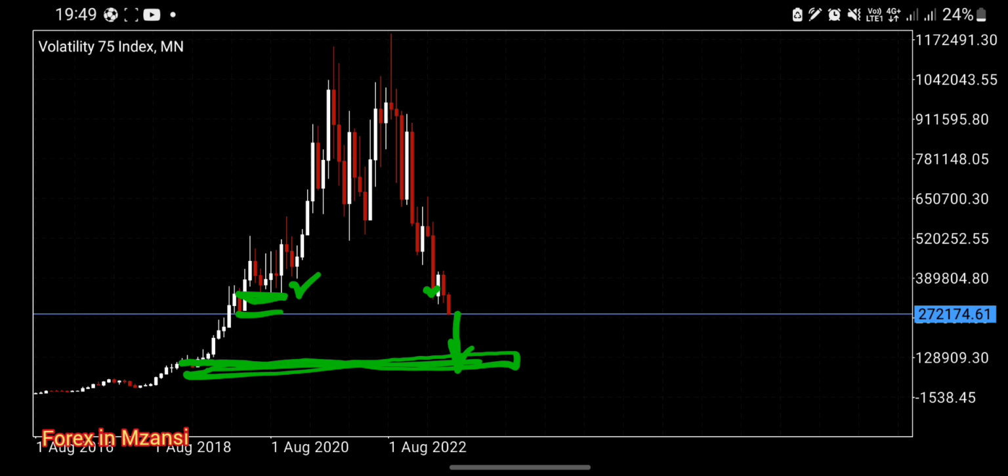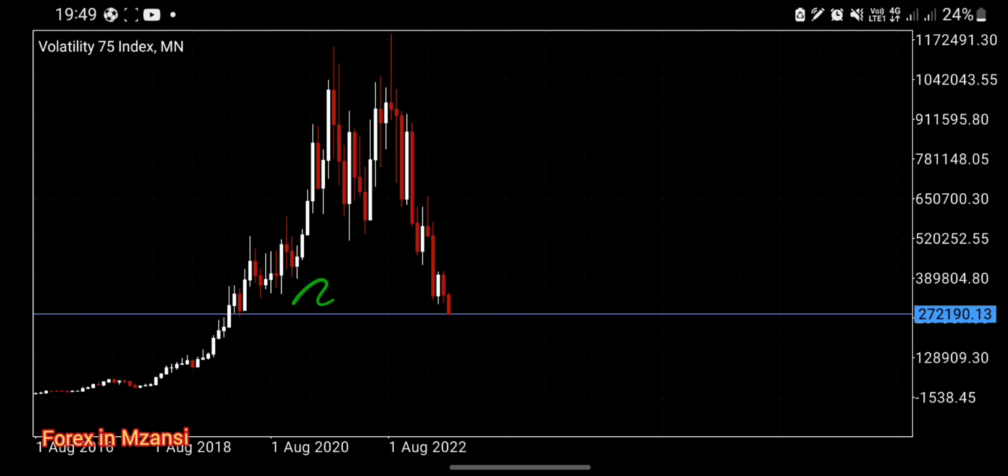Should the current support be removed, there will be nothing along the way where we will find a lot of bulls who will try and push the price up, meaning the price could potentially drop all the way to this zone. But we will get to that one only if the price takes out the current one. So that's all that we are seeing here.